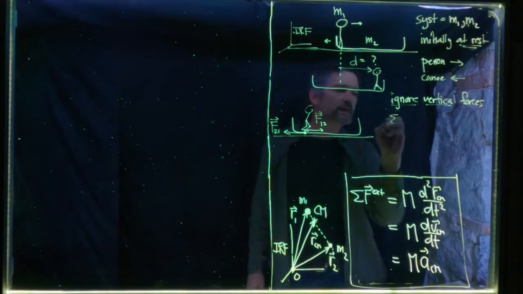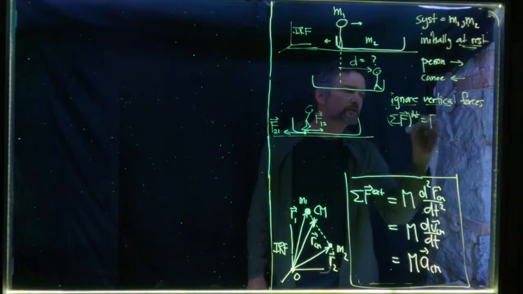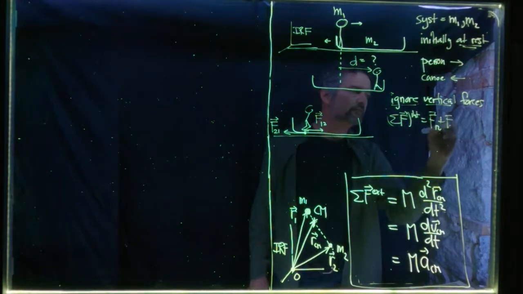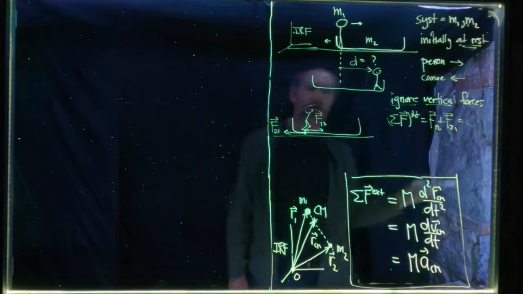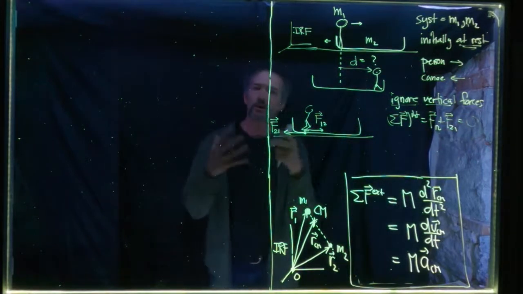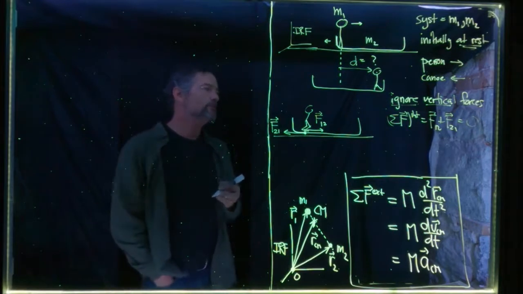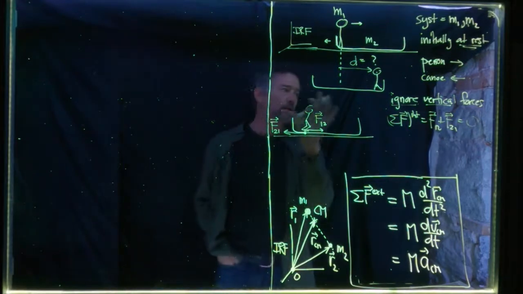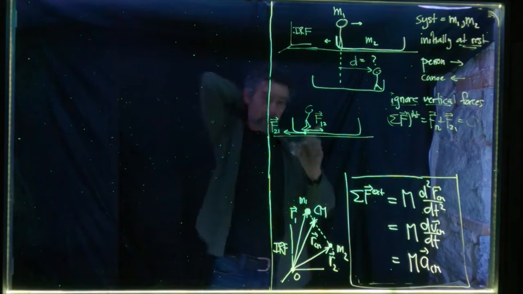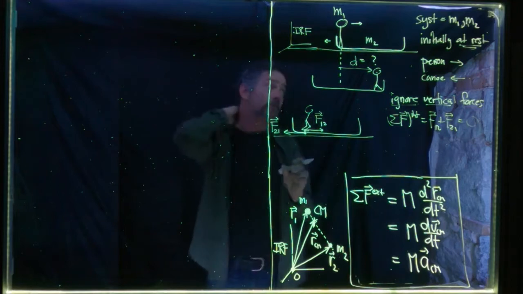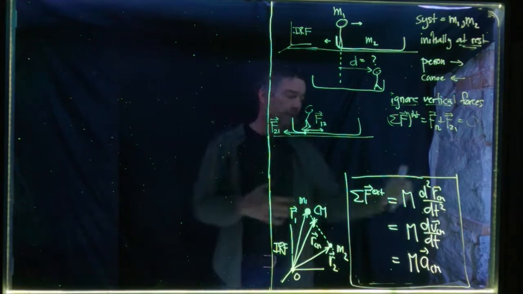Okay, but the sum of the internal forces, that's F12 plus F21, well, they just add up to 0. They occur in Newton action and reaction pairs, and so they add up to 0. So there's no net internal force on our particles. Okay, and that was important in getting this result.